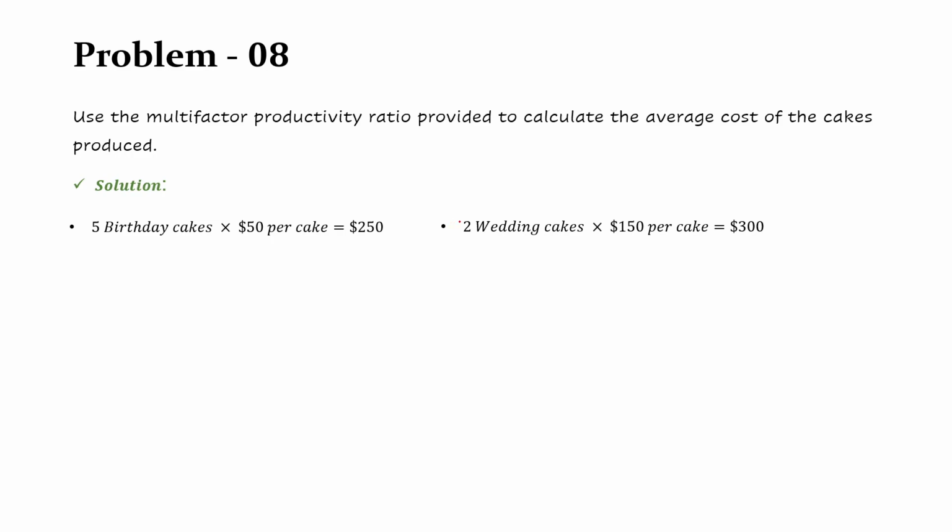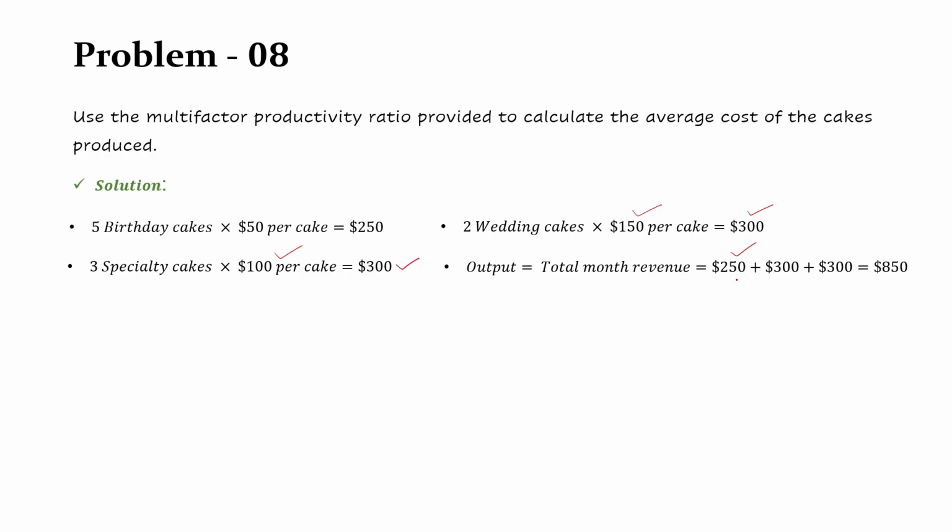For wedding cakes, we have $150 per cake and there are 2 wedding cakes, so the total is $300. There are also 3 specialty cakes, so the total for specialty cakes will be $300. We can calculate the output by adding the values for birthday cakes, wedding cakes and specialty cakes. We add these values and our output is $850.